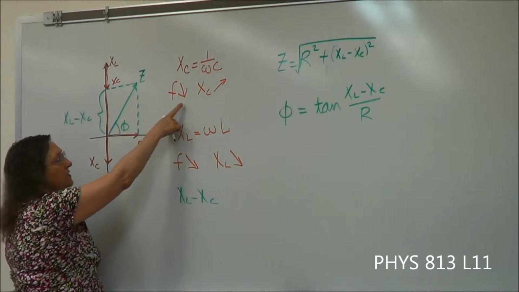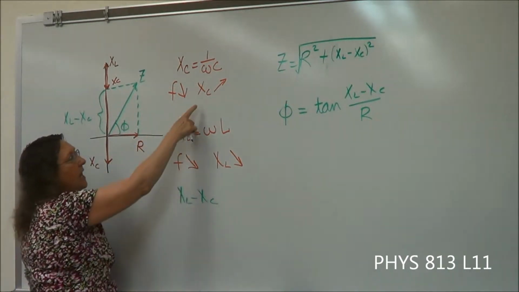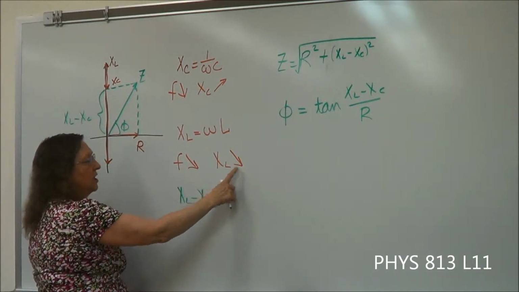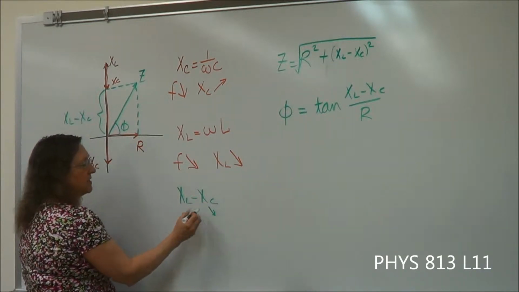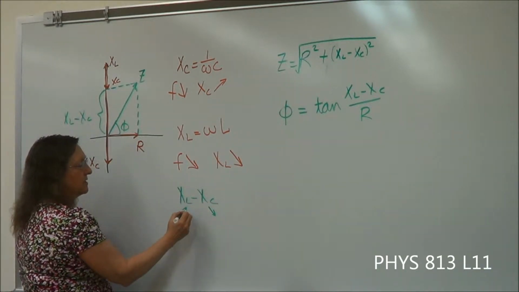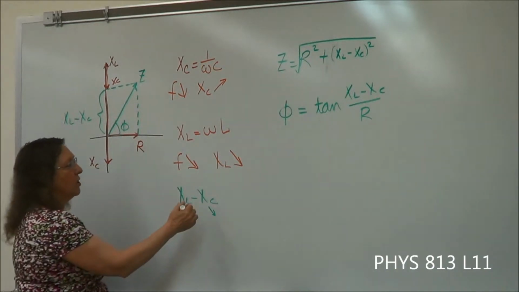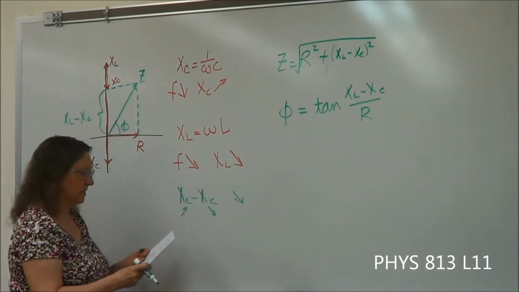And as the frequency decreases, XC increases and XL decreases. So you can see that these two numbers get closer together. So this quantity actually decreases.